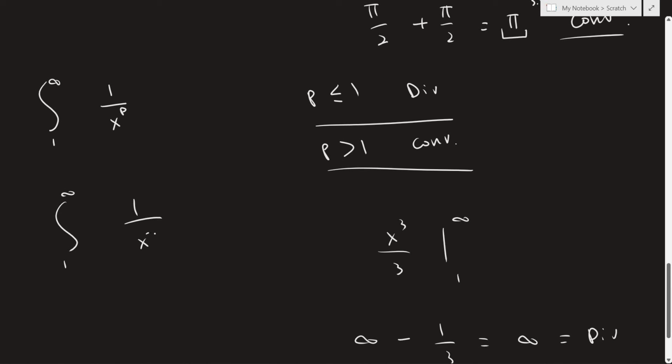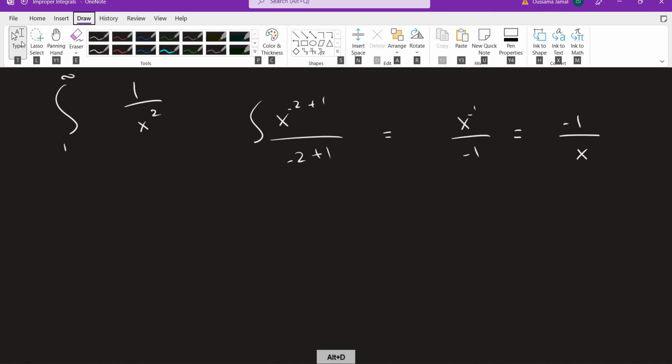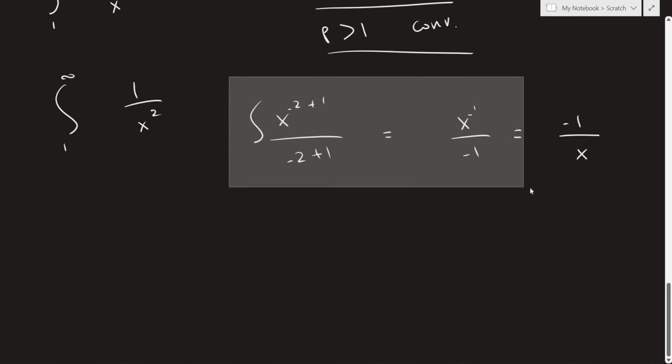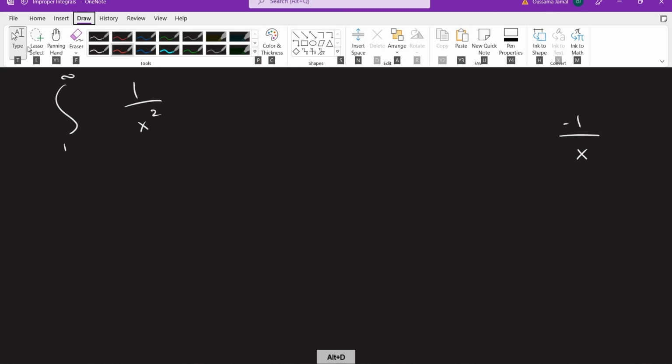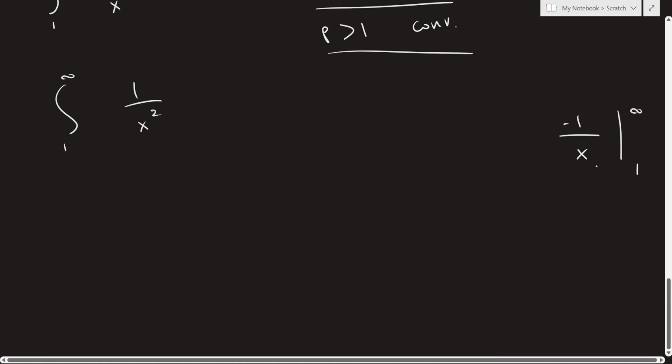Now let's try 2. The integration of 1 over x power 2, we take x power 2 to the top, it's going to be x power negative 2, and then plus 1 over the whole thing, negative 2 plus 1, which will give you x power negative 1 over negative 1, or negative 1 over x. Great. So let's replace by 1 and infinity.